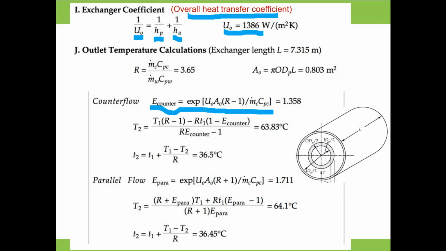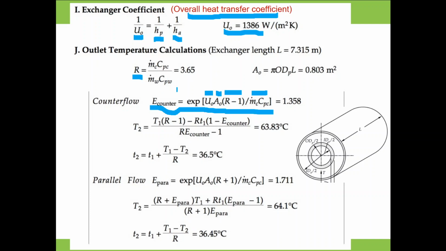What do we need to calculate this? We need the overall heat transfer coefficient, the area subjected to heat transfer, R minus 1, and this MCp C. So R is the ratio of the capacity, that is, CpC for the cold fluid divided by the warm fluid, 3.65.